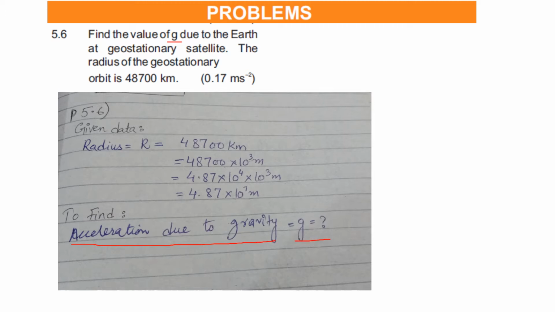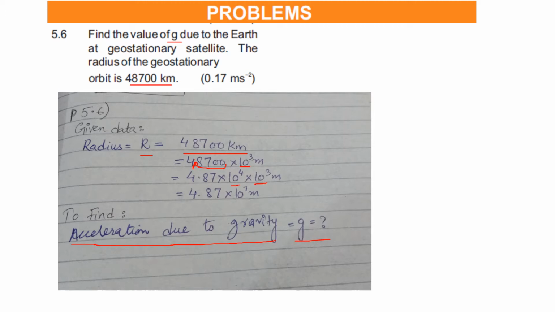Now the radius of the geostationary satellite is given to us, that is 48,700 kilometer. We write over here that it is equal to capital R. As we know that kilo is equal to 10 raised to power 3, and if the point is over here and we move the point, we can get 10 raised to power 4, because if we count 1, 2, 3 and 4, it will be 10 raised to power 4 and 10 raised to power 3.